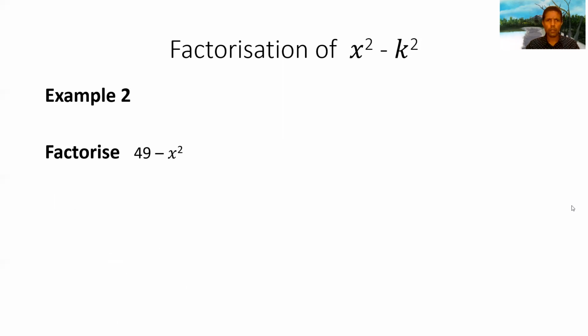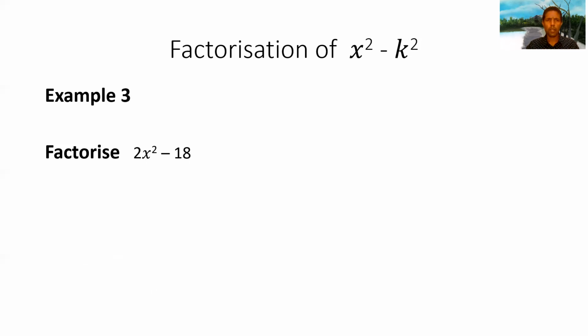Example 2, factorize 49 minus x squared. 49 minus x squared can be written as 7 squared minus x squared. And we can write it as 7 plus x into 7 minus x. Therefore, to factorize 49 minus x squared, we have 7 plus x into 7 minus x.